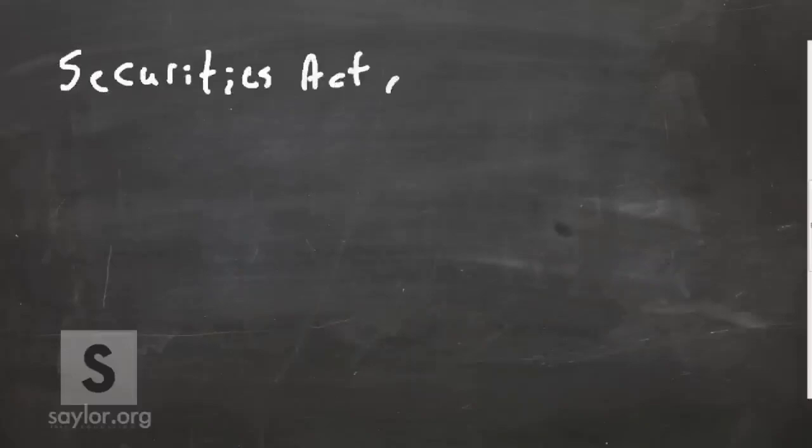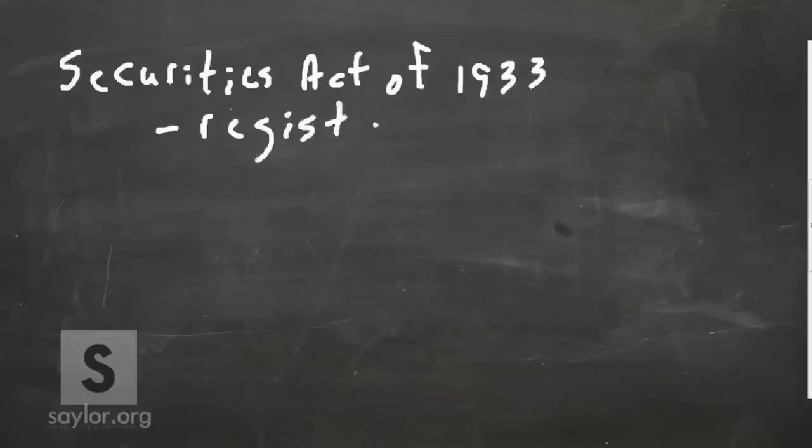1933, Congress passed the Securities Act of 1933. This was the first federal Securities Act. The 33 Act, as it's known, requires registration of securities in initial offerings. So when companies do a public offering of securities, they have to register with the Securities and Exchange Commission or qualify for an exemption.